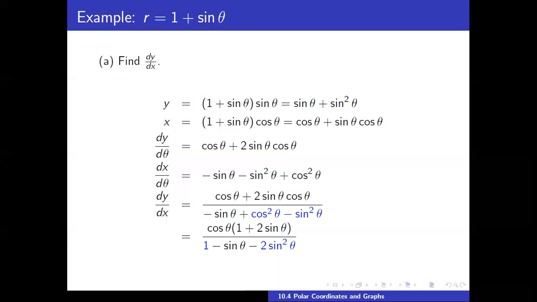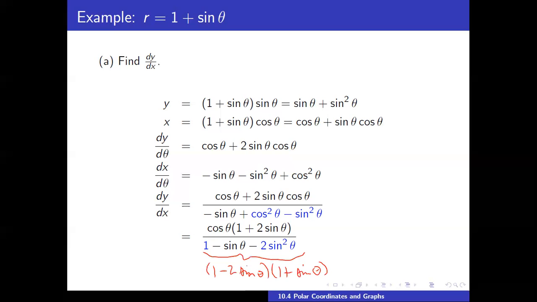Hopefully. By the way, this guy factors. Do you realize that? How does that factor? I think it's 1 minus 2 sine of theta times 1 plus sine of theta. Is that right? Does that work out okay? If I were to multiply that out, think about it for a second.